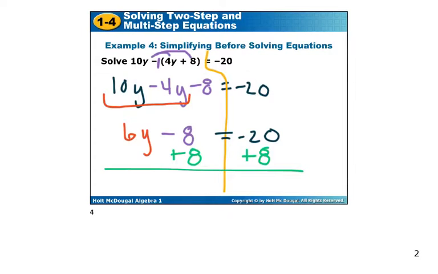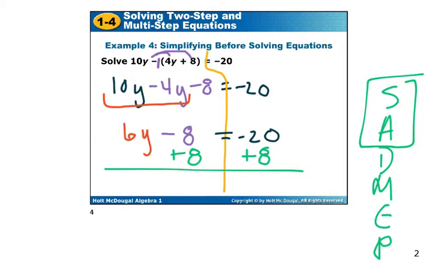As we think of the order of operations of SADMEP, the subtraction and addition would come first. So we're adding 8 to both sides, and now we have negative 12, which works out nicely because we have 6y, which means we will divide both sides by 6.